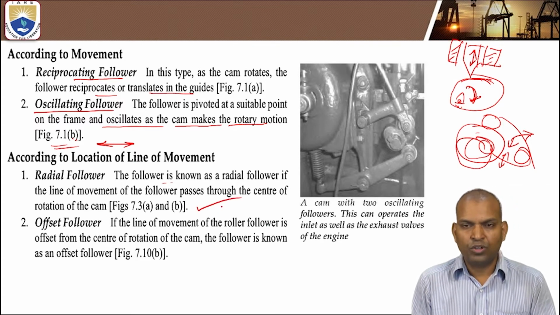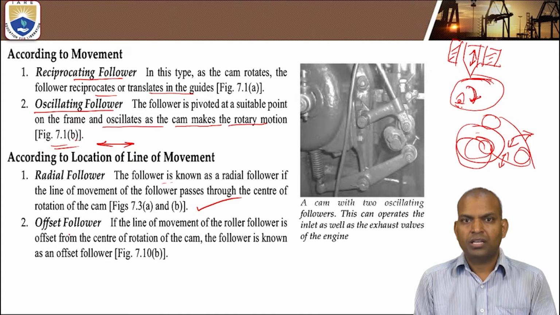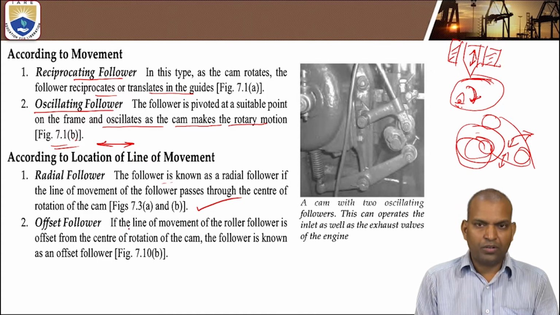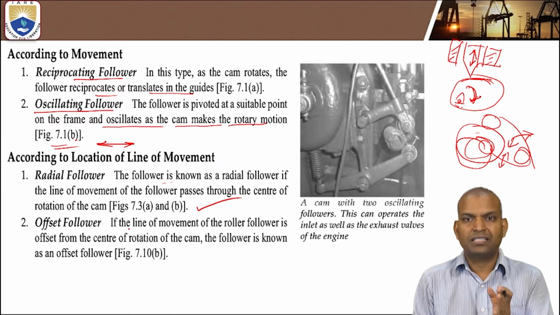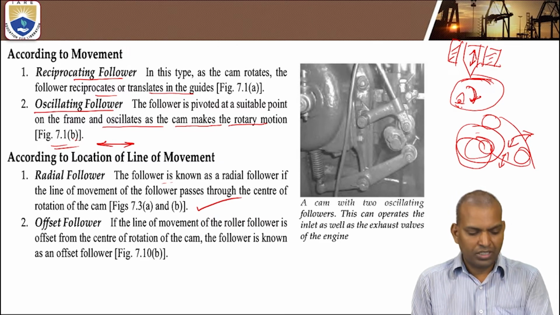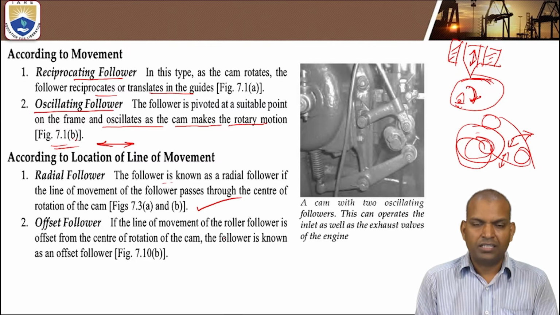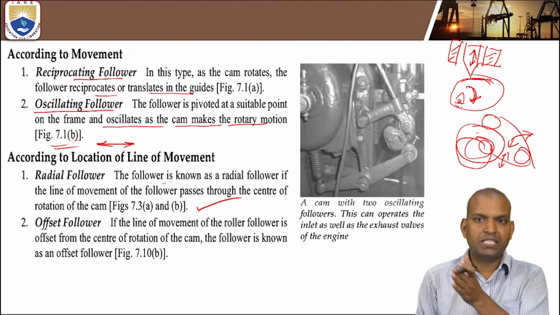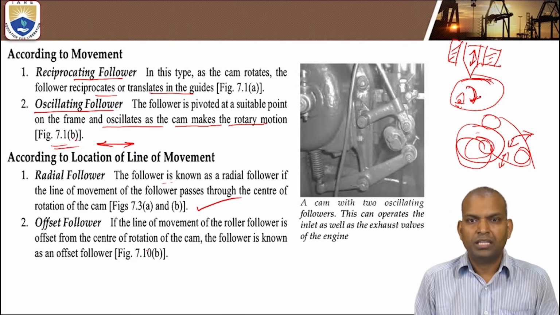I will explain in more detail next. What is next? Offset follower. It is the opposite. The line of movement of the follower does not pass through the center. Offset means away from the center of rotation of the cam. Then the follower is known as an offset follower.